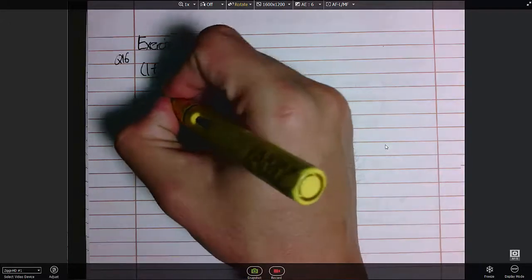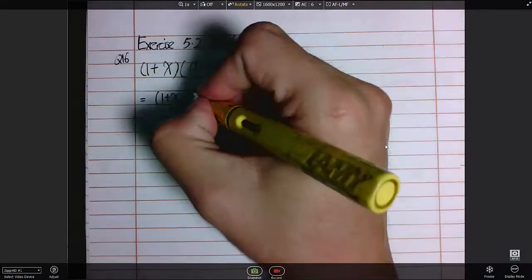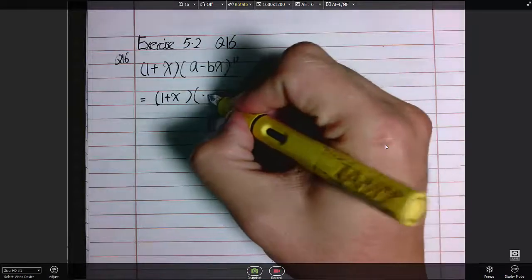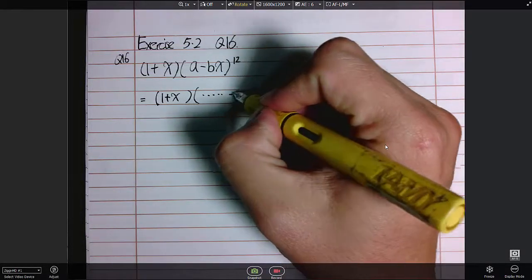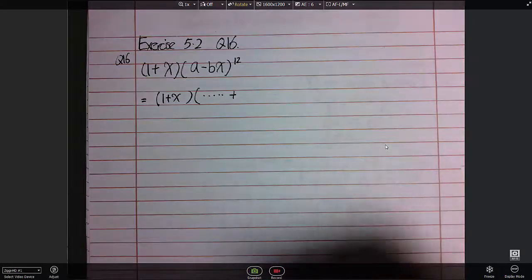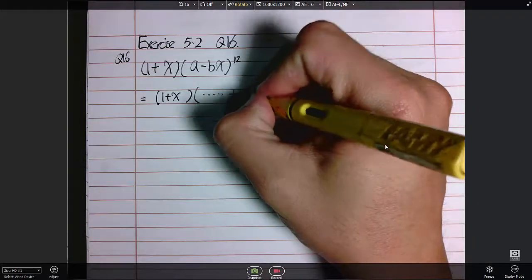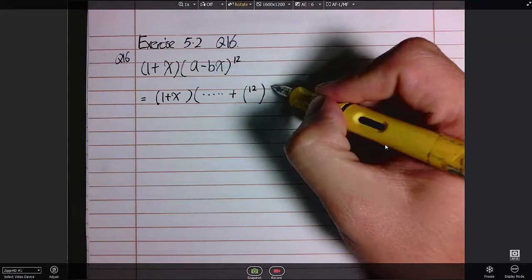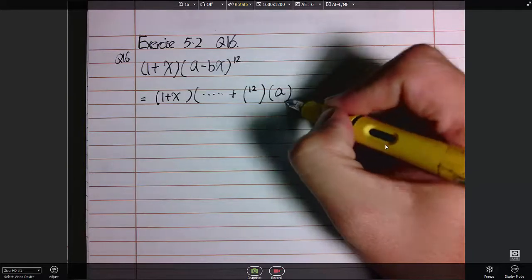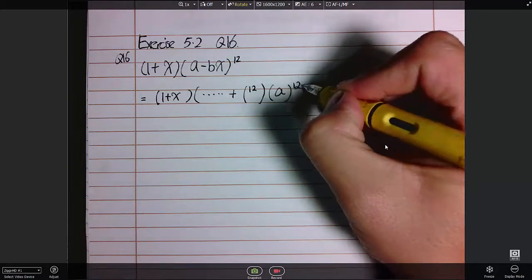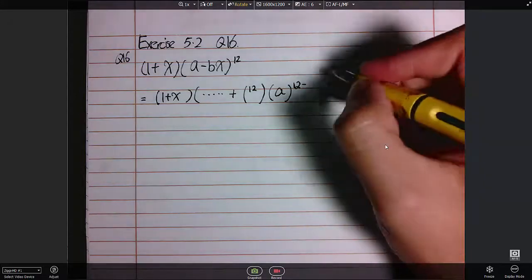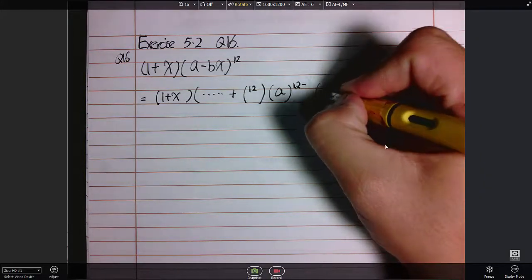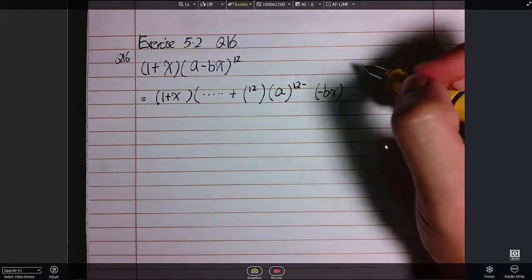So let's just start, 1 plus x. In this case, I don't even expand the first few steps. I put dot dot dot, plus 12 choose r. I leave the r alone first, then I put 12 minus r, I'm not too sure which r I want yet, then I put negative bx to the power of r.